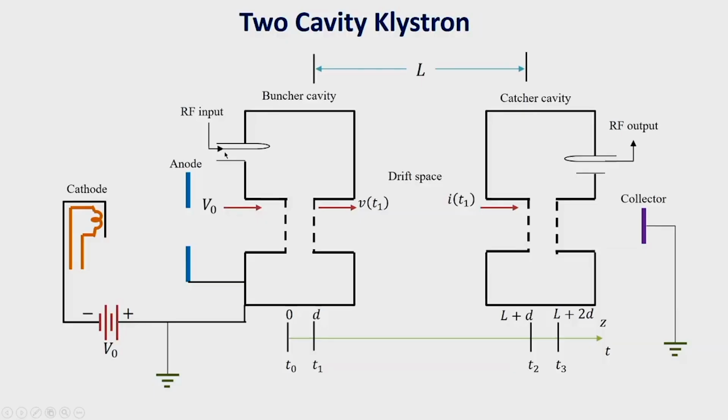So, depending upon the voltage present at the gap, the electric field will either accelerate or retard the electrons, and when this electric field is zero, the velocity will remain unaffected.